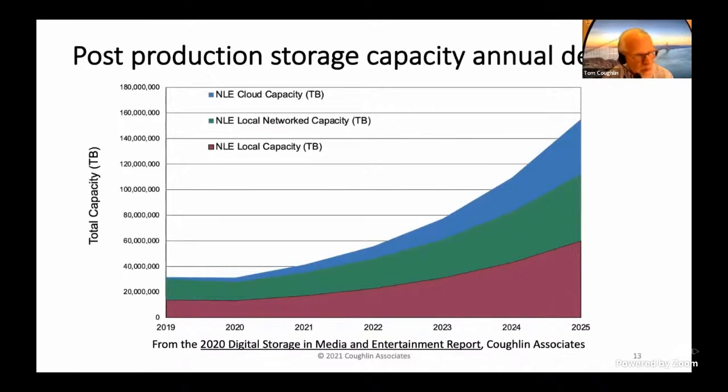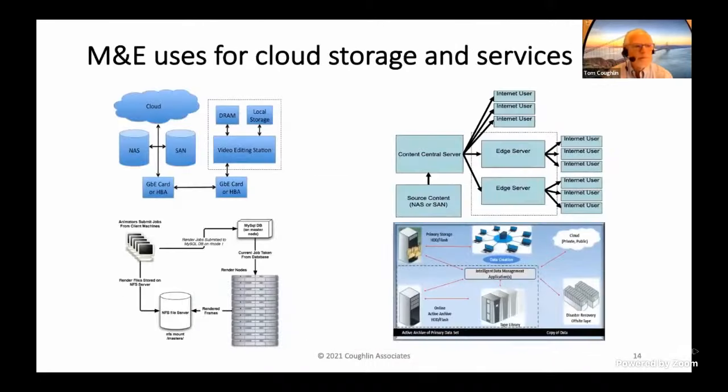There was basically no growth over 2019, a little bit of a contraction, but no growth. But looking forward, driven by the return to work and also by richer, more immersive content, which requires more storage, the storage capacity is growing. You can see that we're projecting a bump in the use of cloud storage as a supplement to these other storage types going forward.